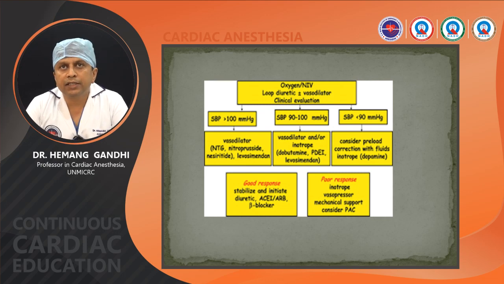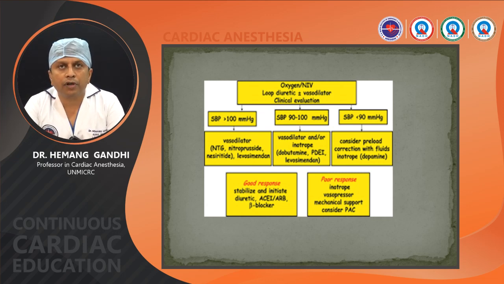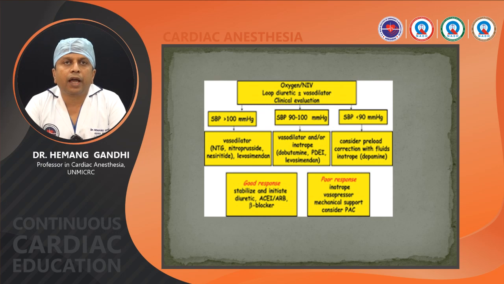So, summarizing this preoperative optimization: when you have a patient with heart failure, with symptoms or severe hemodynamic instability with low ejection fraction, one should start with oxygen therapy in the form of an oxygen mask or NIV, and start loop diuretics with or without a vasodilator, and see for the evaluation.